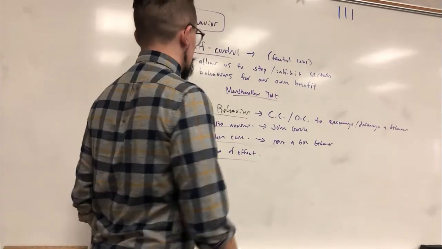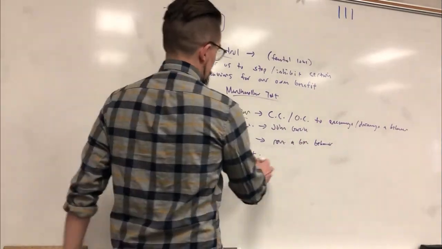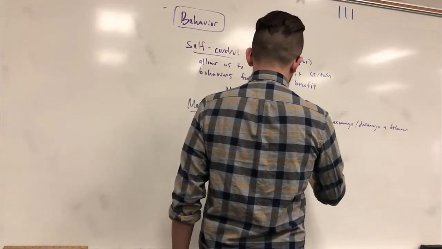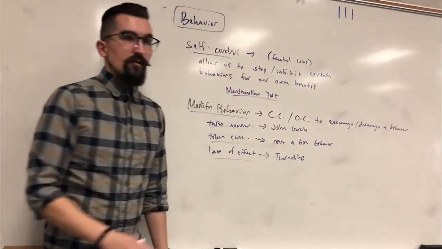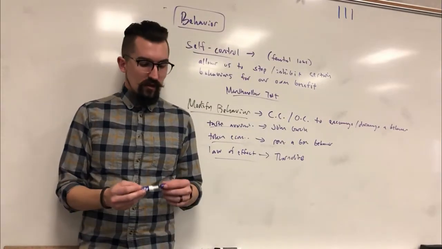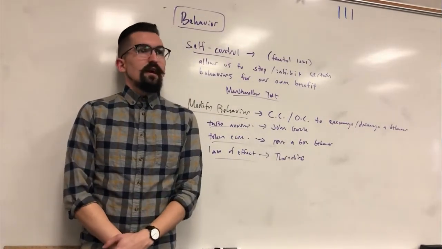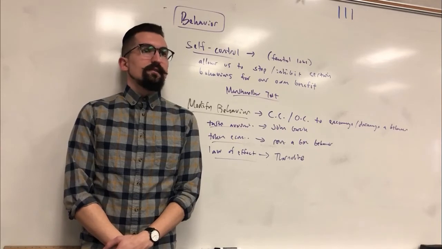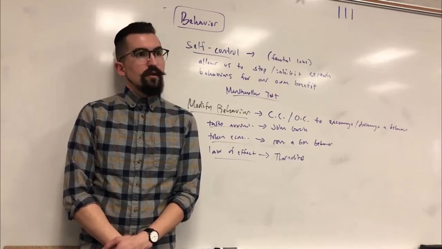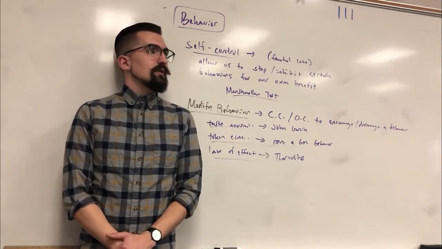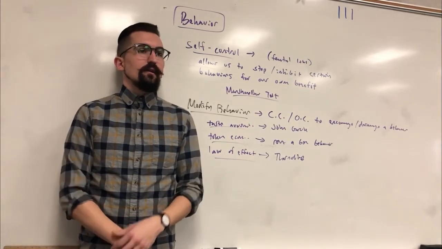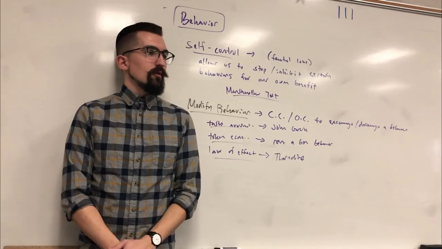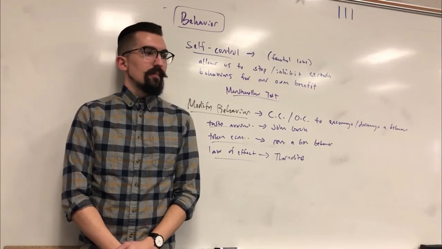Oh no, learned helplessness is the last one. That's a sad one, but first, the law of effect. I think Edward Thorndike came up with this one, and this really influenced Skinner, by the way, and I think Watson too. This is the guy that came up with the law of effect. He realized that if you engage in a behavior and you get an outcome you like, do you think you're more or less likely to engage in that behavior?